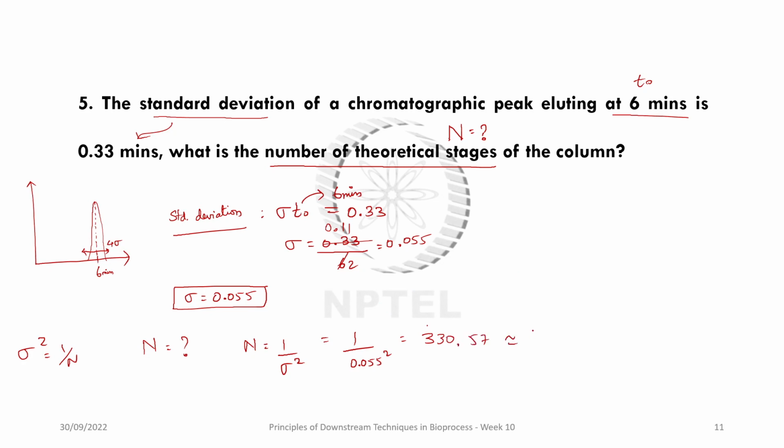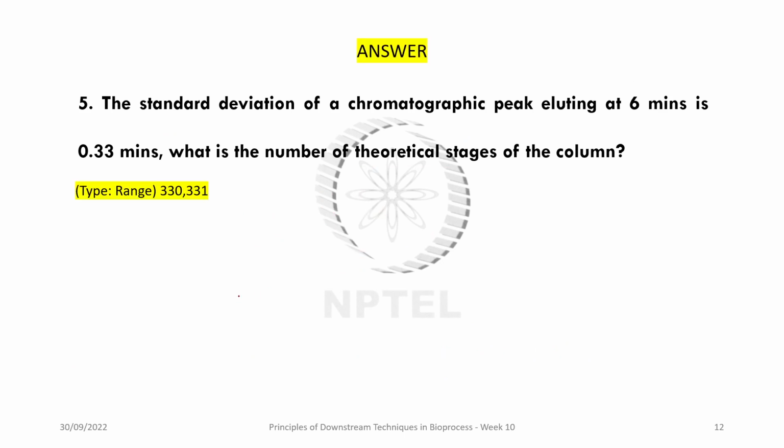I'm just going to take it as 330 stages because you cannot have half a stage, and I don't have the heart to take it as a full stage. So when you're talking stages, it is always better to go with the previous whole number. So I'm going with 330 stages.